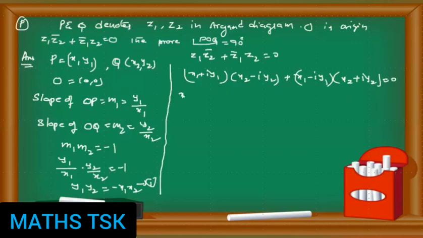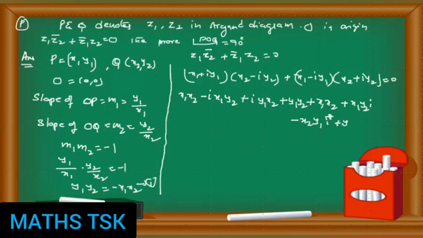When you multiply this, you will get x1 x2 plus x1 y2 into i, then minus x2 y1 into i, then plus y1 y2.